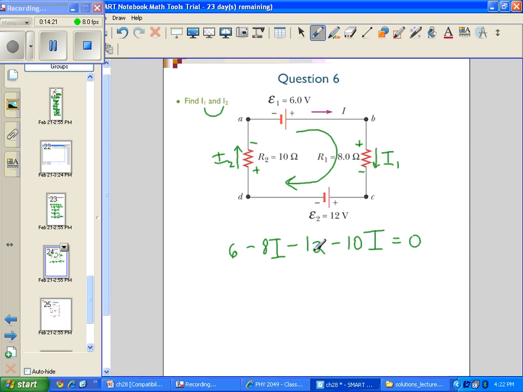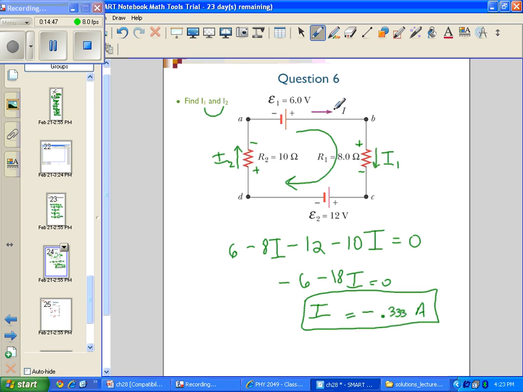Let's combine: 6 minus 12 is minus 6, minus 8 minus 10 is minus 18I, set that equal to 0, and solving for I, we get 6 over negative 18, or negative 0.333 amps. What does it mean when the current is negative?